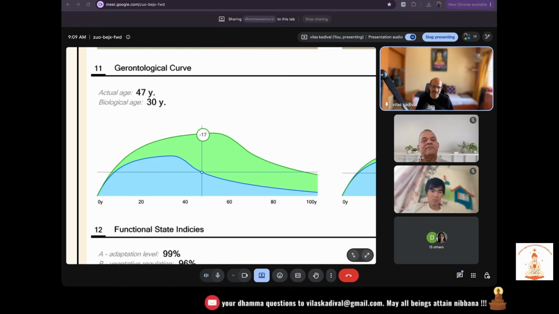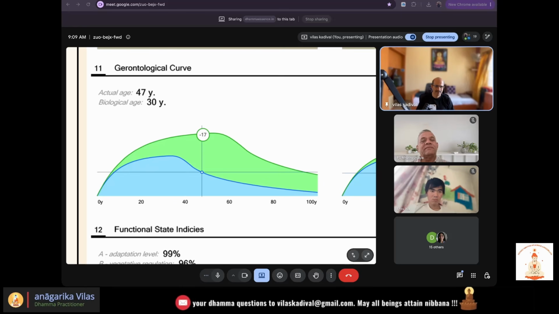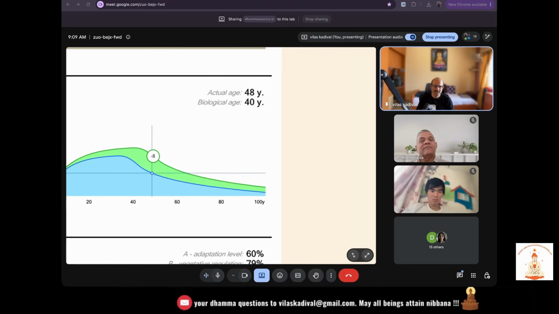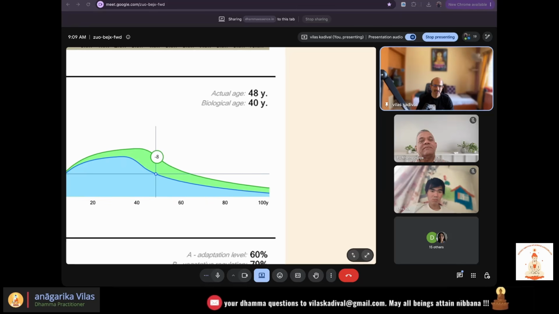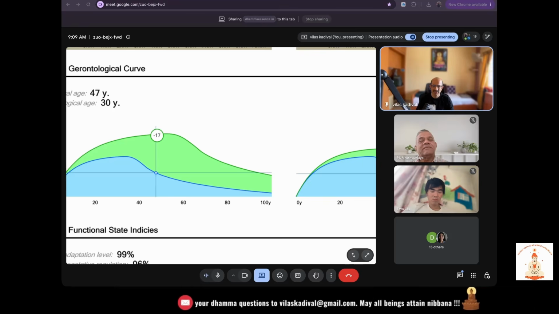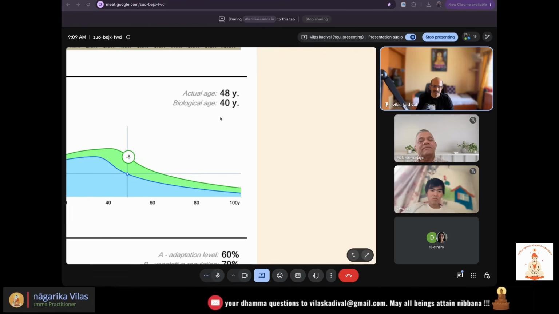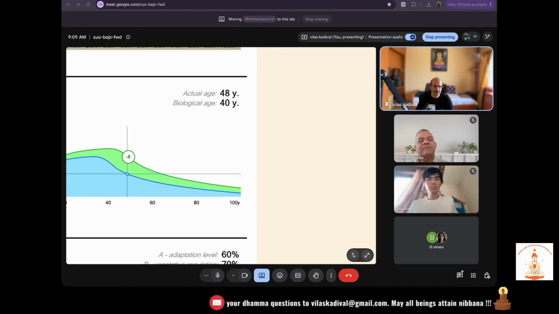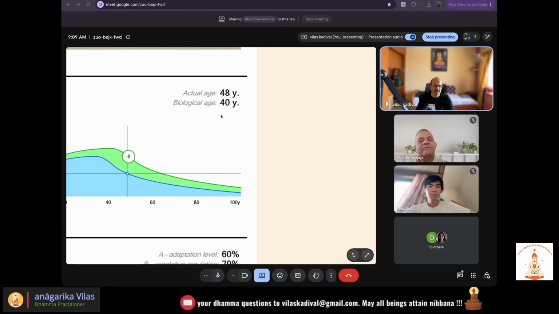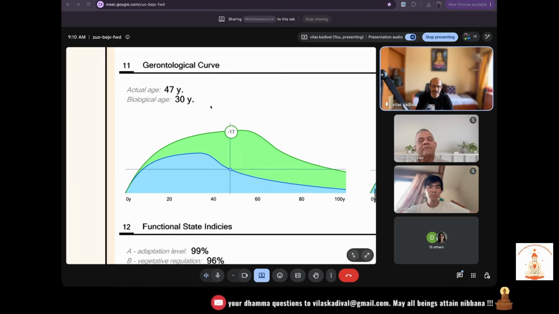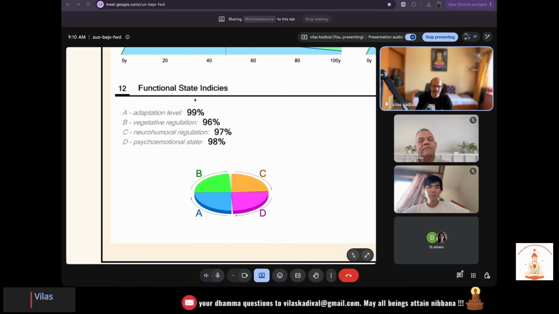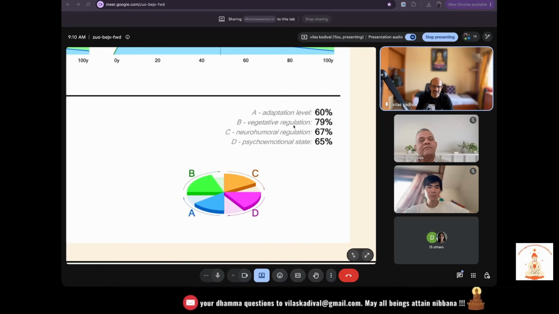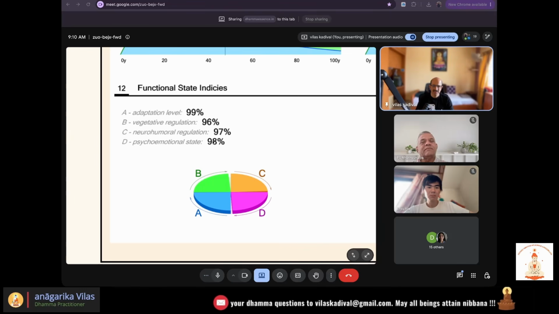At 47, it is showing 30. And with disturbance, it has cut off. Here it was 13 years. 5 years is gone. It's not bad. 48, 40. Good. But it's not as good as this. Why? Because this has changed. The state indices have changed. See here, reduced. It is more.